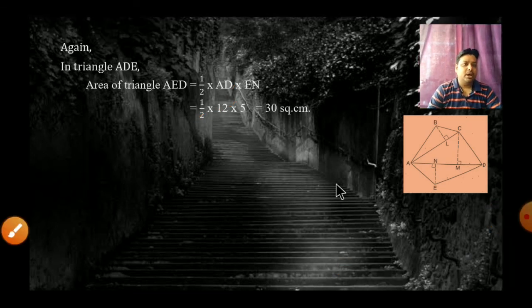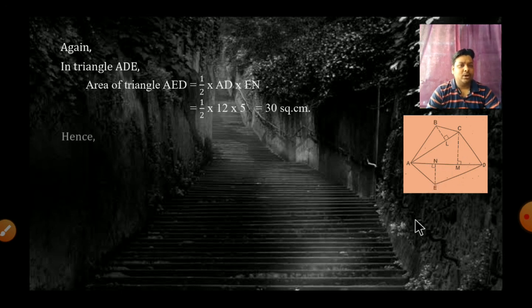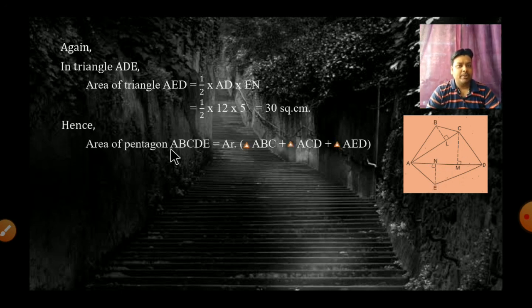Okay. Now we got the area of all three triangles: ABC, ACD and ADE. Now if we add the areas of the three triangles, then we get the area of pentagon ABCDE. So the area of pentagon ABCDE is triangle ABC plus triangle ACD plus triangle AED.